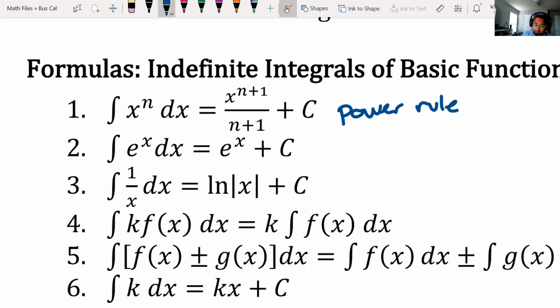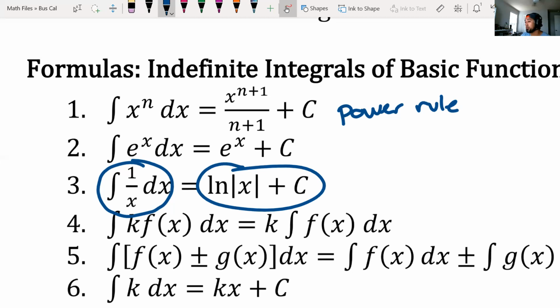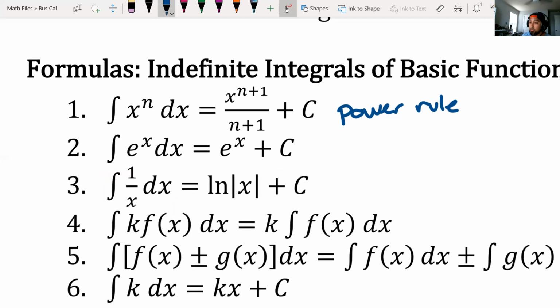Third, if you see an integral of this form, 1 over x, then the antiderivative will be the natural log of the absolute value of x plus c. If you ever have 1 over x, this will always be the antiderivative. We never, ever flip this to become x to the negative 1. I'll show you later on why we don't.